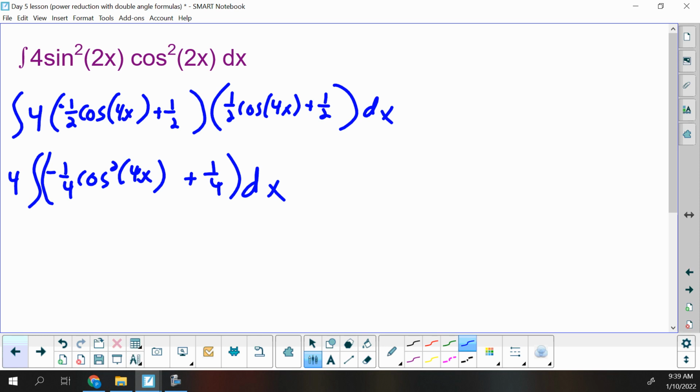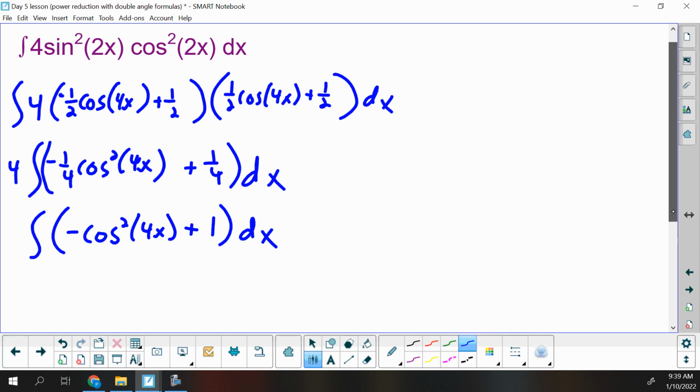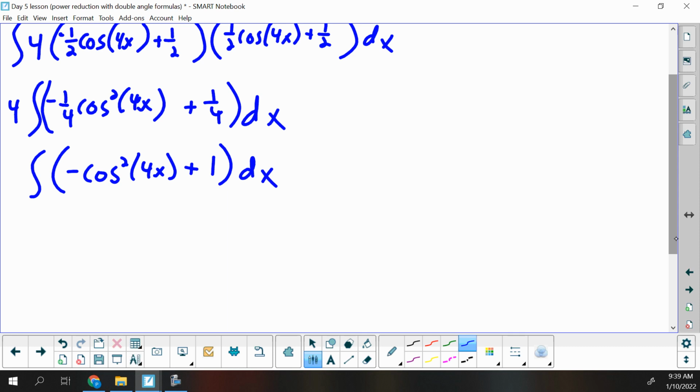Well, if we distribute that 4, that can help get rid of some of the fractions. So this is really just going to be negative cos squared 4x plus 1. But we've still got a power reduction that we have to do. So we've got a minus, just so we don't get confused with signs, I'm going to do minus and then put it in parentheses for right now. Our cos has a positive 1/2 in front of the cos.